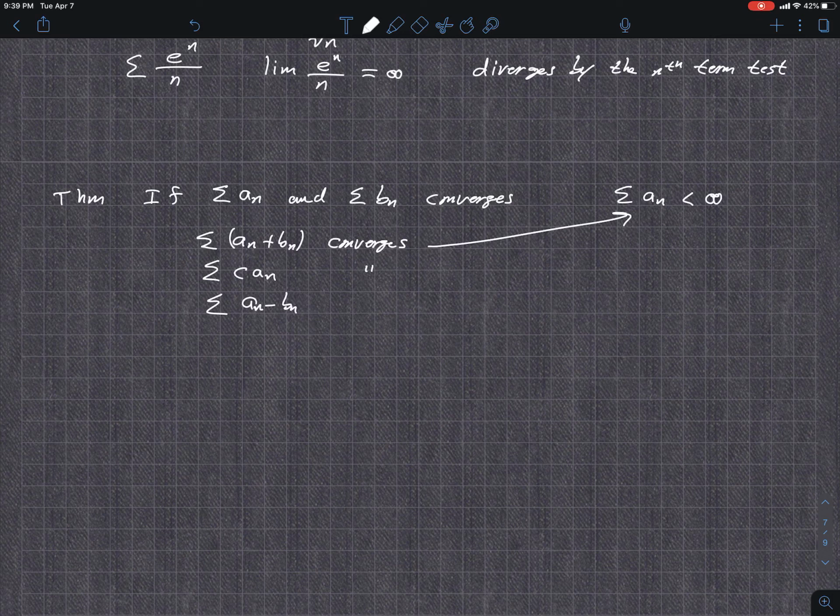And then if you put in an arbitrary constant c times a sub n, that also converges. If you take a difference, that also converges, and it converges to what you would think.